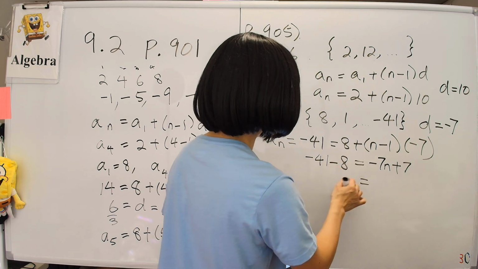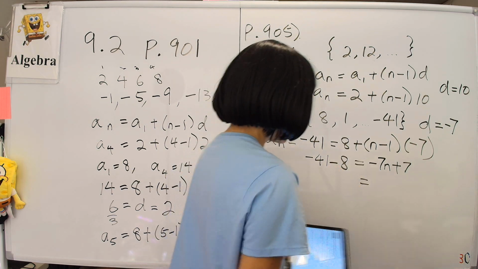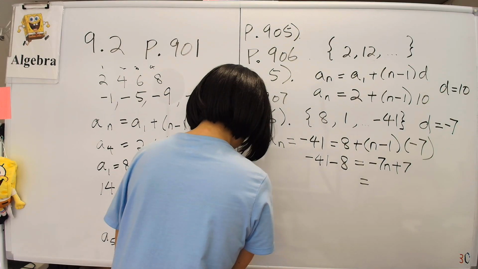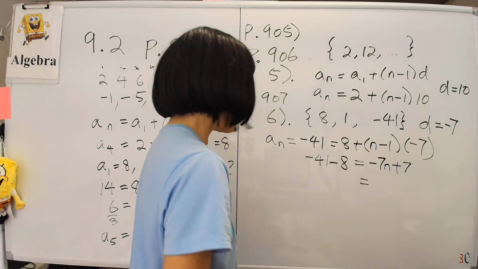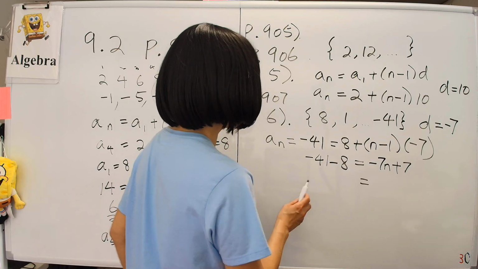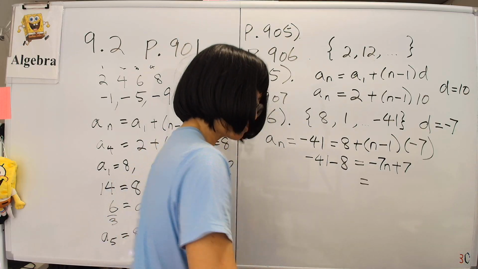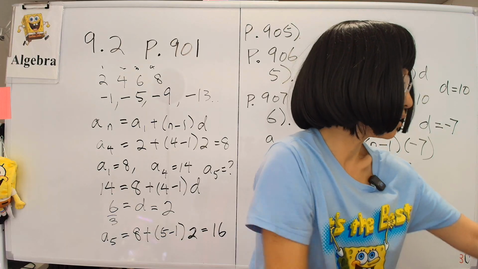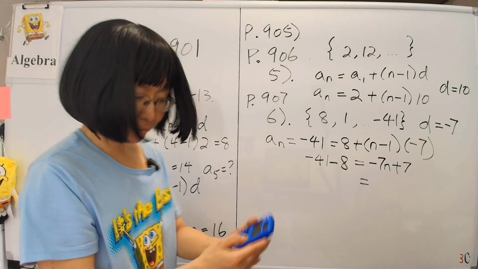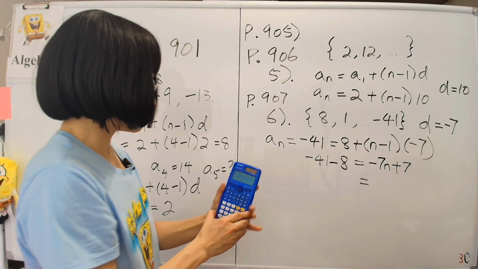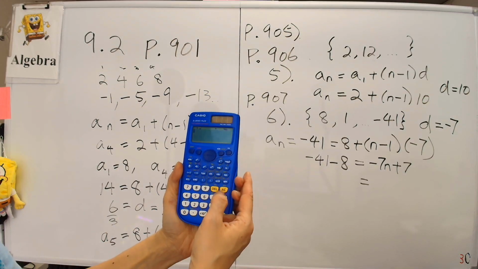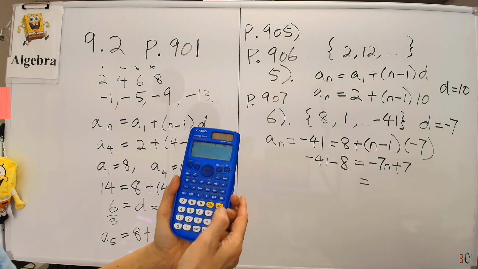Let me just use the calculator. First, let me dig out the calculator. I found that if I use the calculator, I tend not to make as many mistakes. So we'll do minus 41 minus 8.